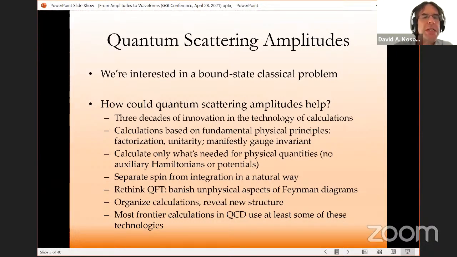And indeed, most frontier calculations in QCD today use at least some of the technologies that have been developed, and the ones at high multiplicity for the LHC make use of many of them. And maybe the most direct thing that one can say here as a justification or as a motivation is that they've also taught us how to organize calculations and how to reveal a new structure. And certainly the theme over time has been to do frontier calculations, understand new structure, understand how that can be used to simplify higher orders or further calculations.